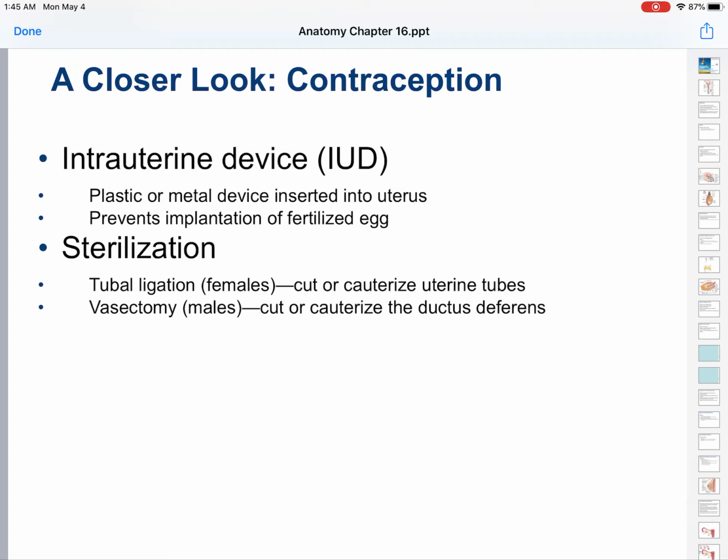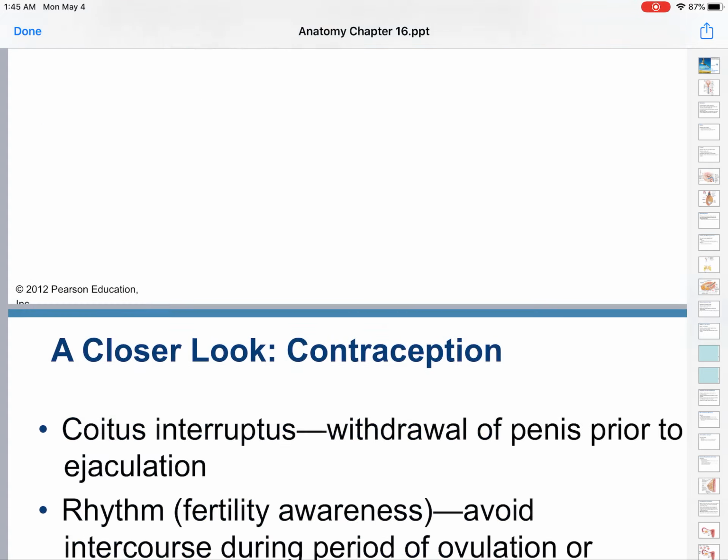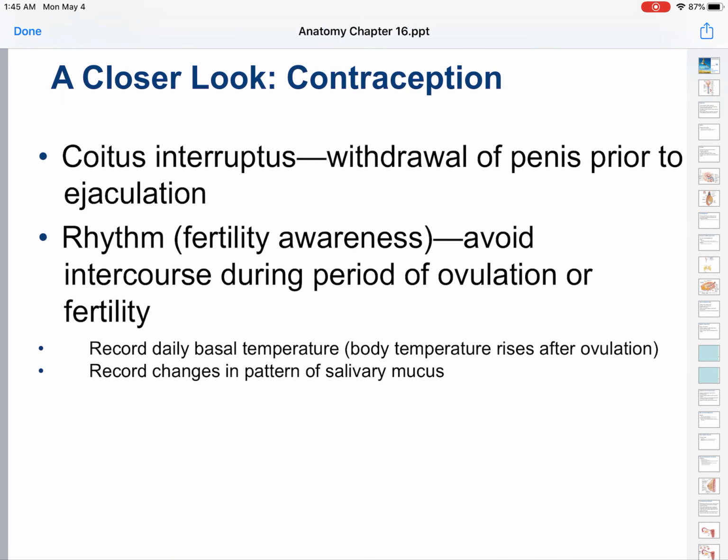If you cut the fallopian tubes, that prevents the egg from reaching the uterus as well as the sperm from reaching the egg. And if you cut the vas deferens, it prevents the sperm from being able to reach the penis during ejaculation. Therefore, any ejaculation that happens would be all the fluid from the accessory organs, but not contain any sperm.